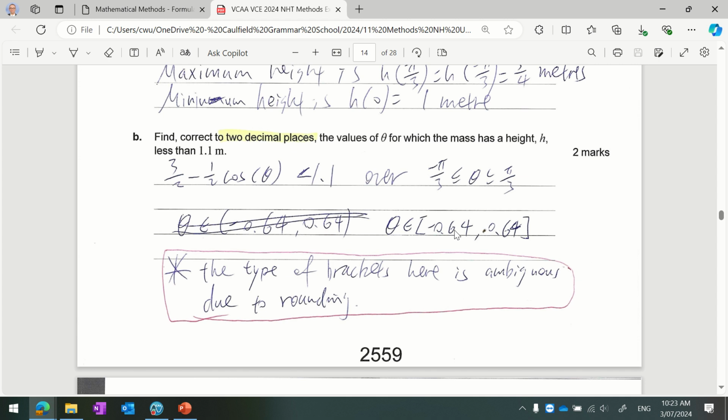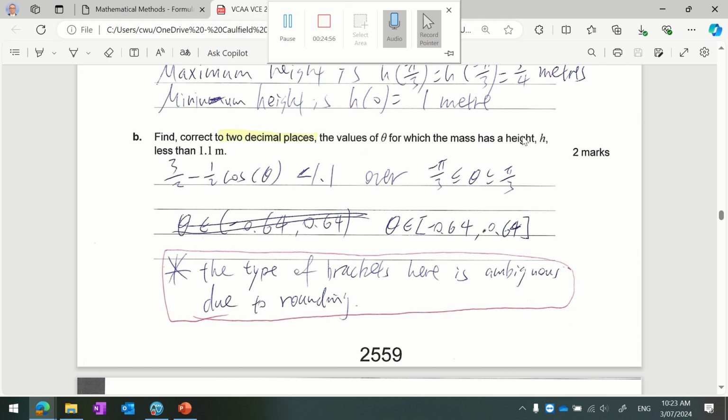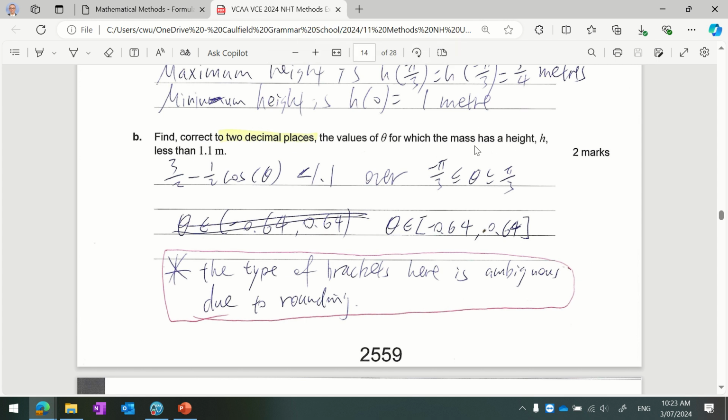And also, if you're at negative 0.64 exactly, you are at a height less than 1.1, so you are including this value. But then the question also says the mass has a height h less than 1.1, and the question doesn't say height less than or equal to 1.1.